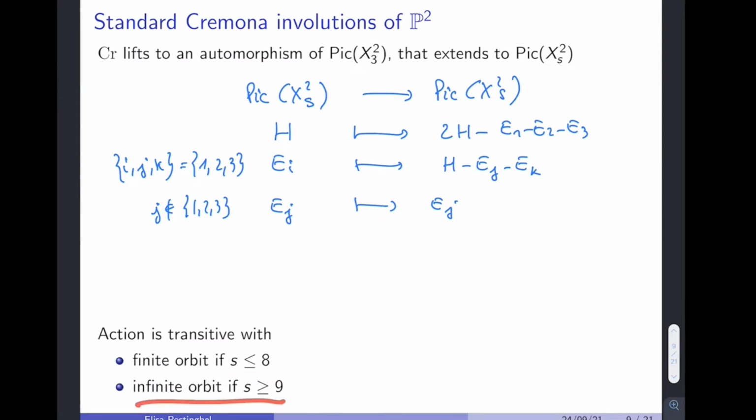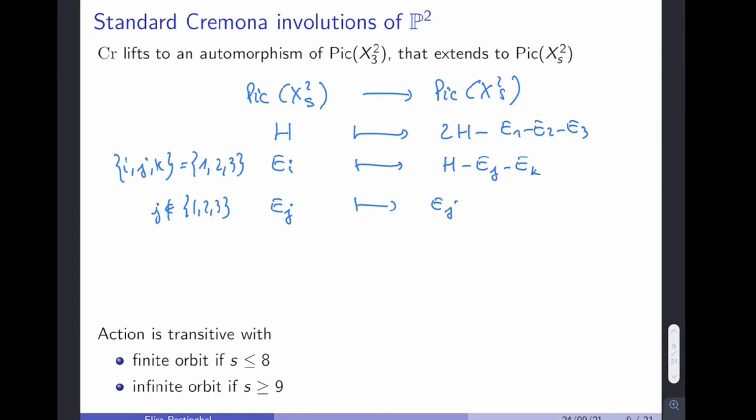And when I have at least 9 points, the orbit is still unique, but it has infinitely many elements. If I start from a -1 curve and I let these Cremona transformations act, I will obtain another -1 curve, etc. So they will all be in the same orbit.